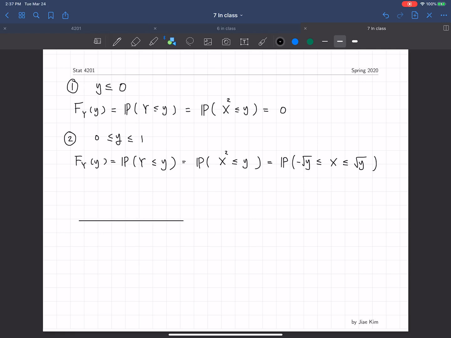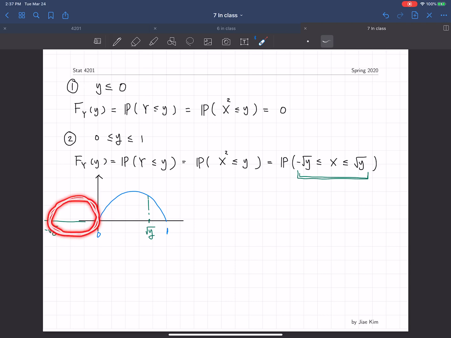Let's look at the density curve of X. The density curve is positive only from 0 to 1. If you're looking at the probability of X being between minus square root of y and positive square root of y, when y is between 0 and 1, the square root of y is somewhere in between 0 and 1, and the negative square root of y is somewhere here. But the probability of X between minus square root of y and 0 is simply 0.